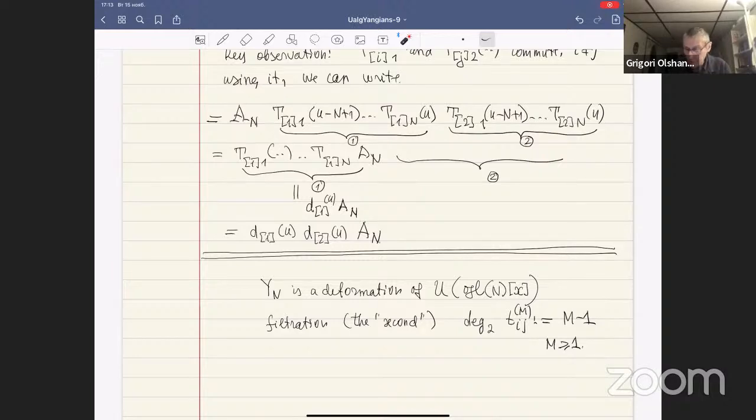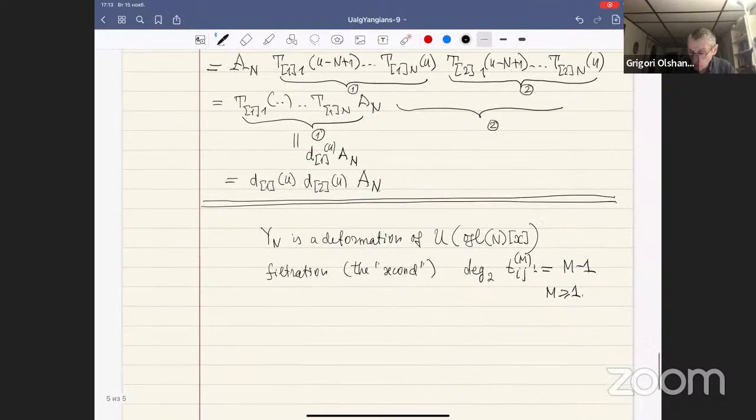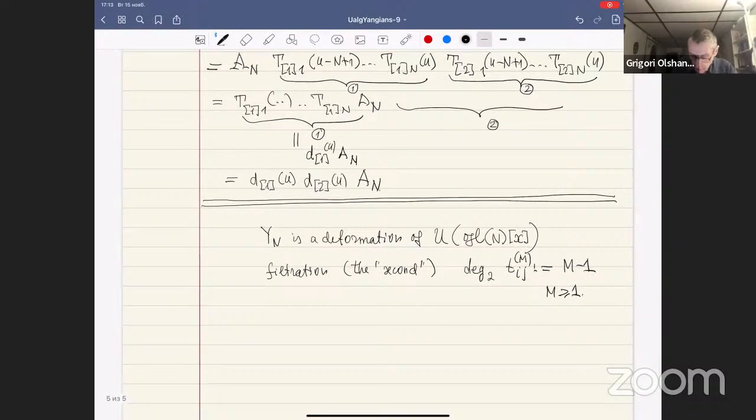So this is the basis of the argument. And the fact which I use is that we take the graded algebra associated to this filtered algebra. It's isomorphic to this universal enveloping algebra.